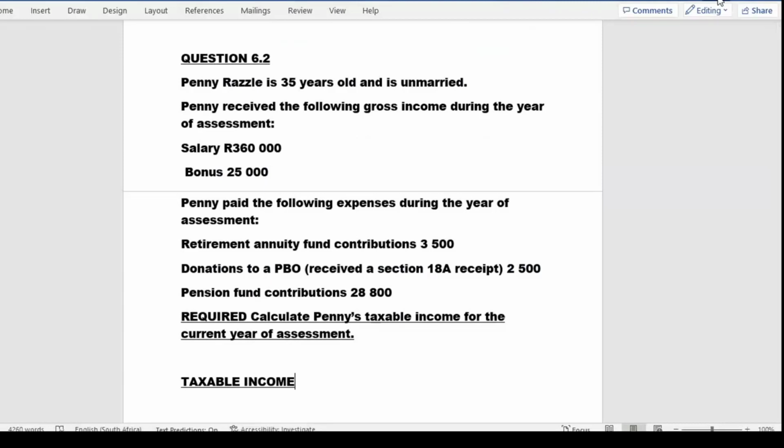It's actually from 6.2. I took the lighter one because I know most of us at this time when we are closing will be tired. But you can do more questions in that learning unit for yourself. Okay, so it's based on 6.2.